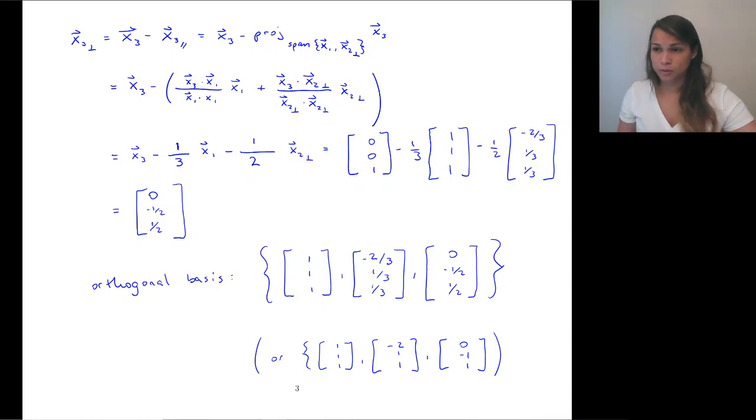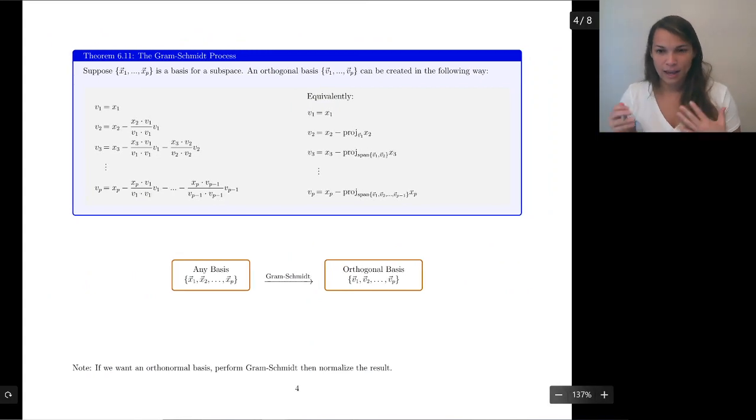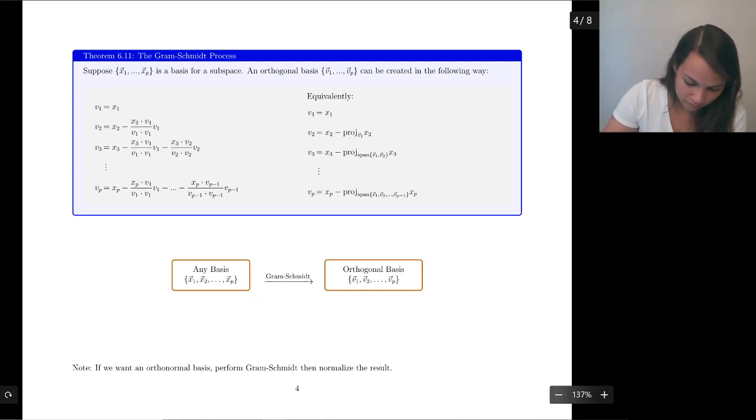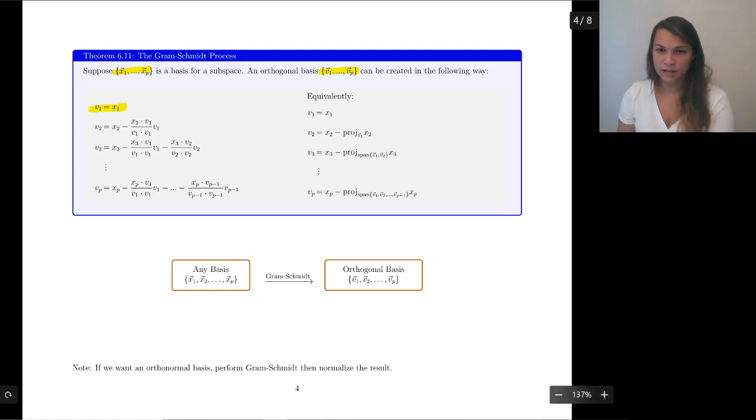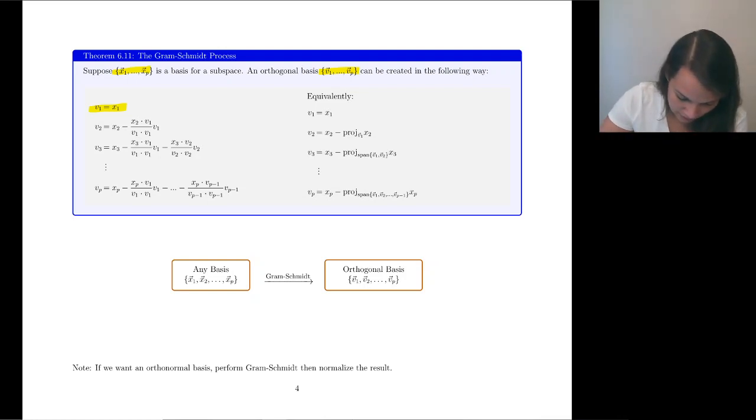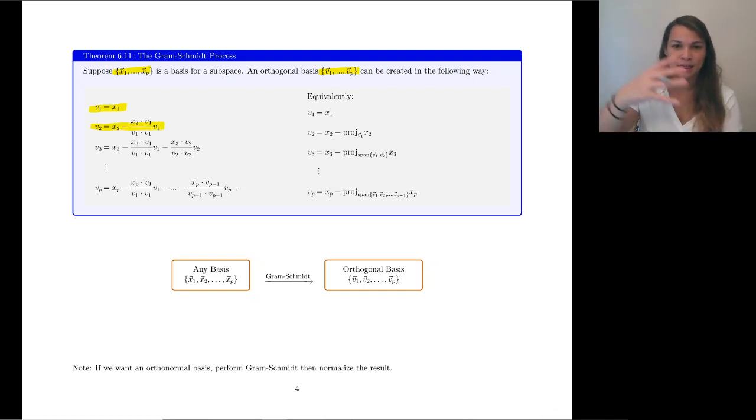So what we're doing, though, is something intuitively that has a formal name called the Gram-Schmidt process. And this is what it looks like. You've got your basis, and we're going to create an orthogonal basis in the following way. The very first vector, we just say, well, that's our starting point. Then we take V2 and we say that is x2, but only the part that's perpendicular to what we had before.